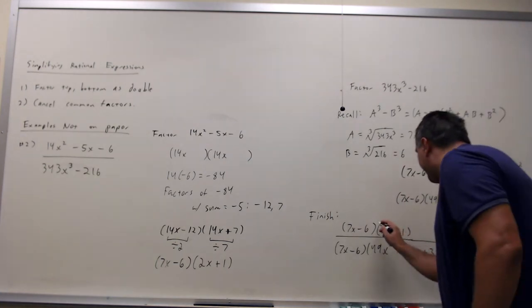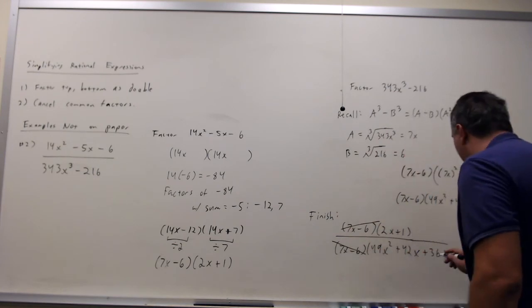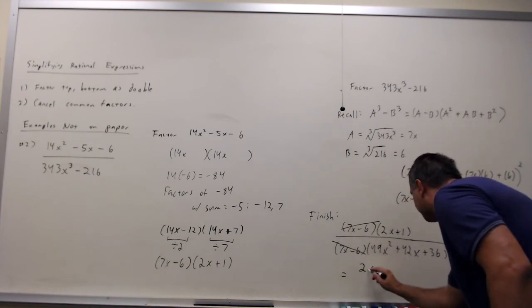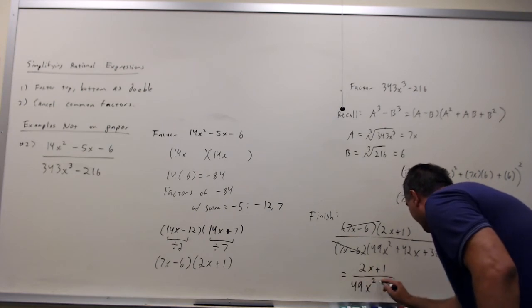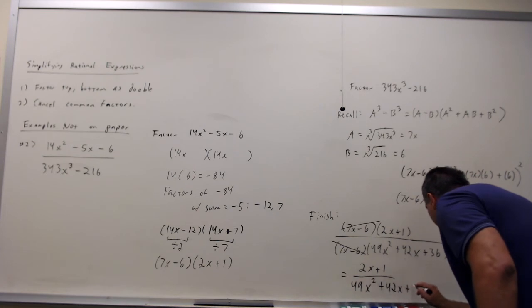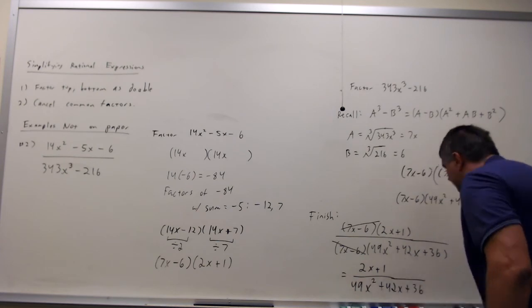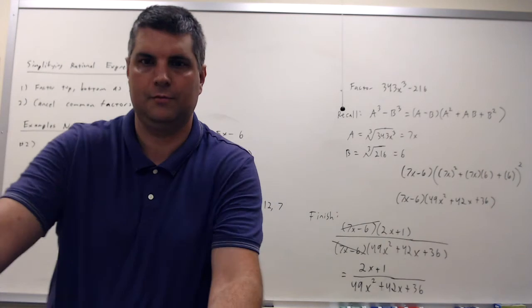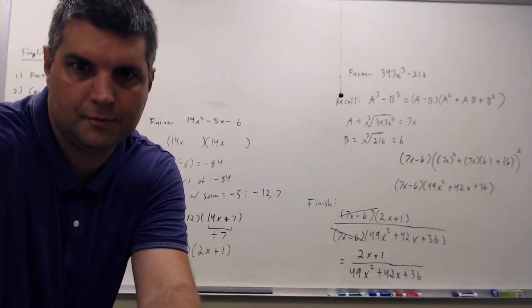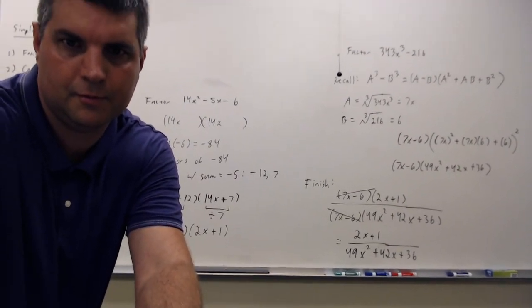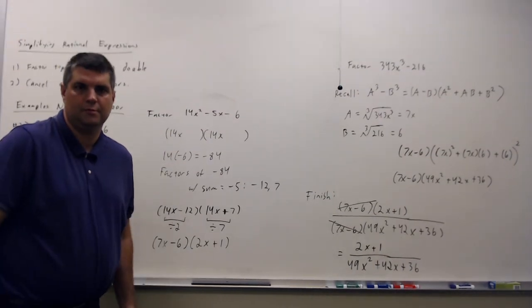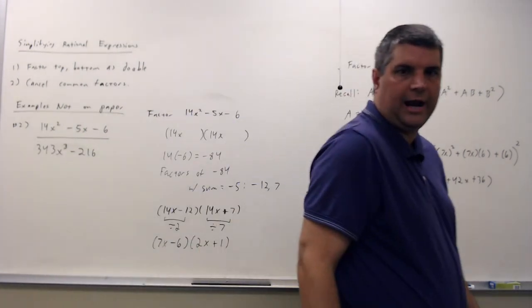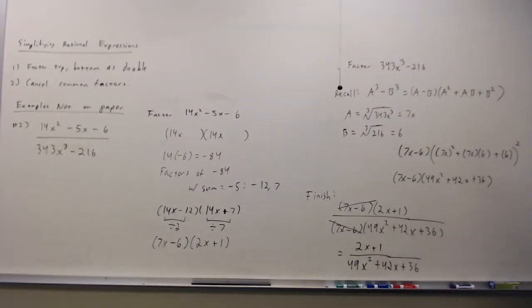The 7x minus 6 is canceled, and I'm simply left with the 2x plus 1 over 49x squared plus 42x plus 36. All right. I'm going to pause here and put up another one.